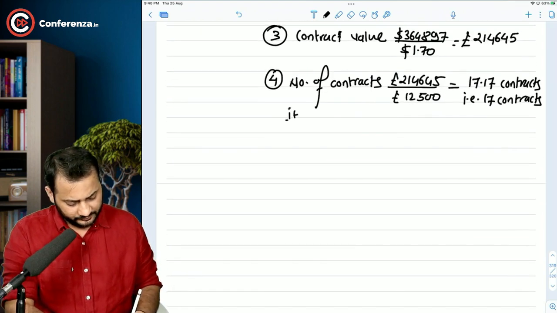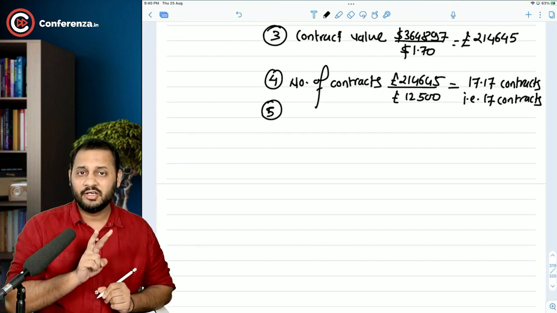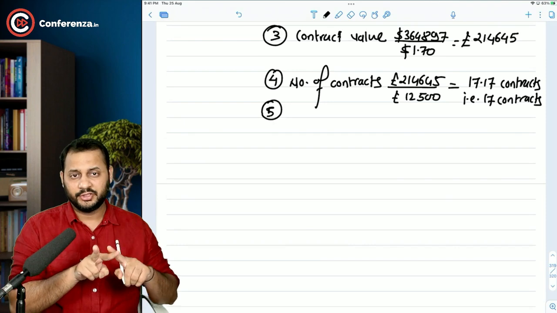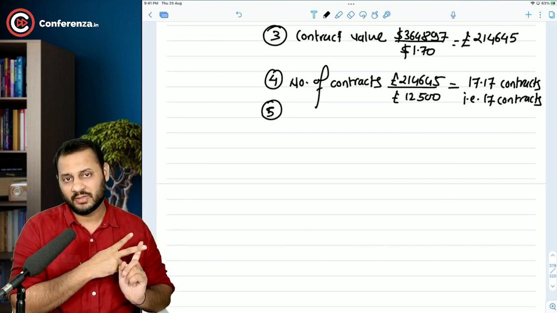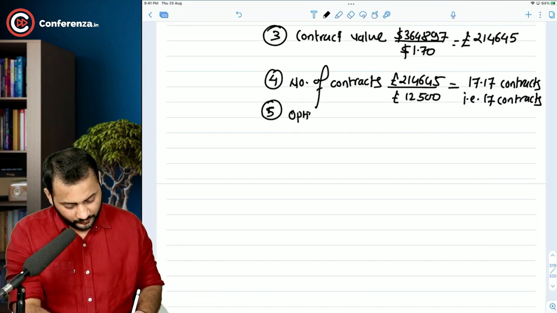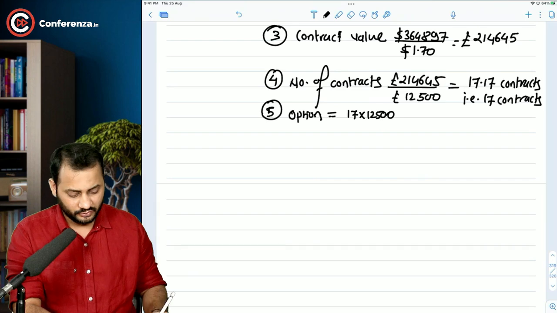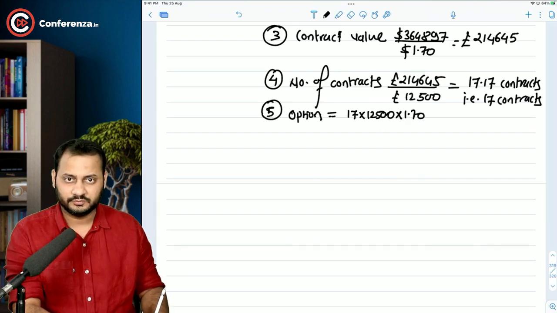It means we will cover $364,897 in two different contracts. Majority of them will be in option and the remaining will be in forward market. See, in option market, you are covering 17 contracts at 12,500, multiplied by 1.70.